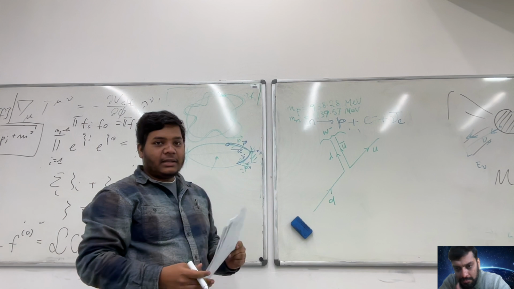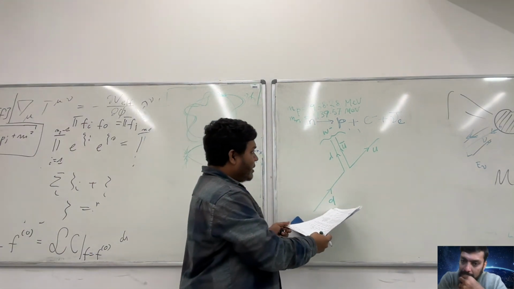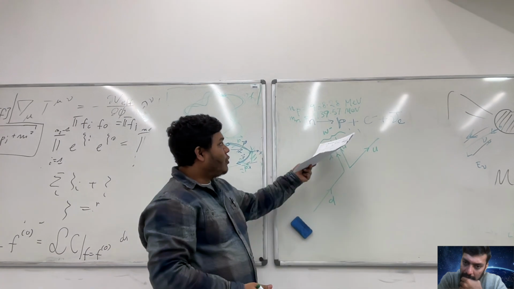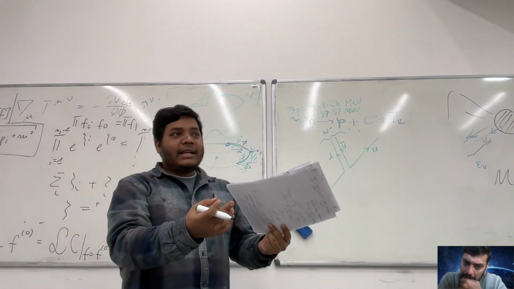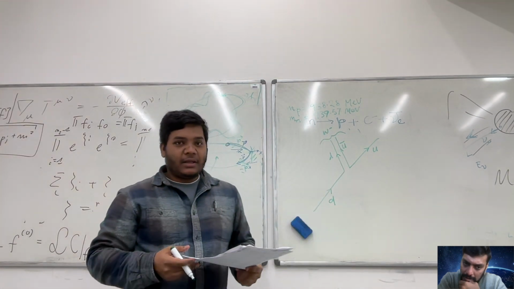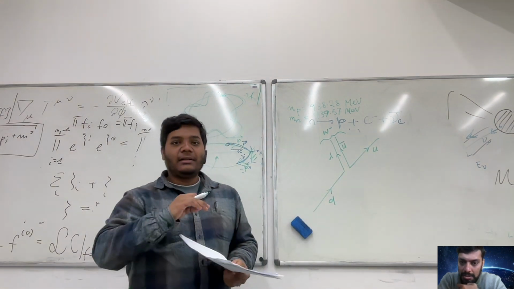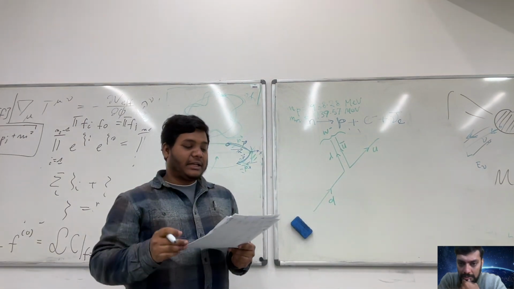So when this down quark is converted to an up quark, this W minus gets energy from the vacuum, because it is created instantaneously within a very small time scale.